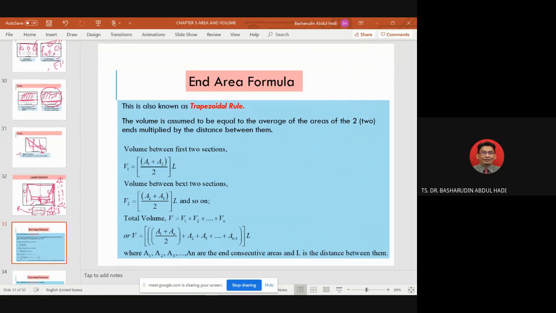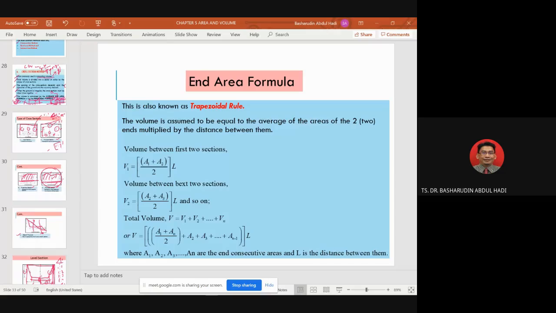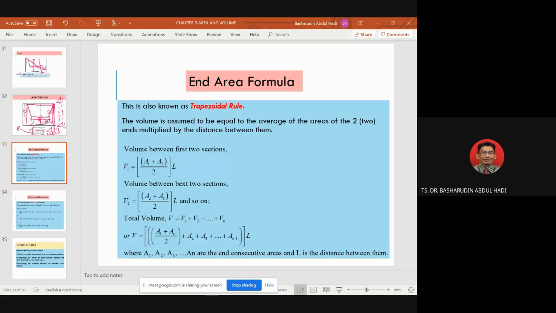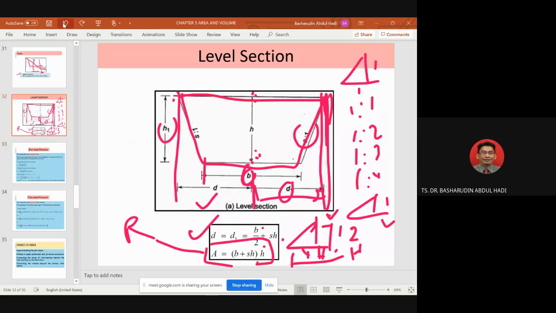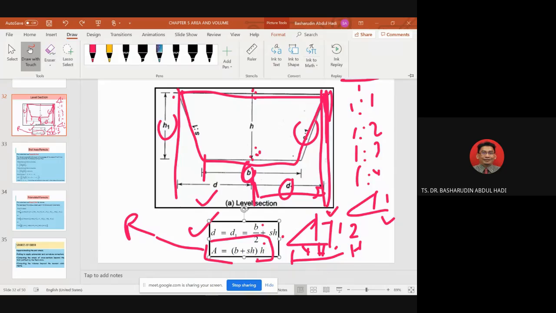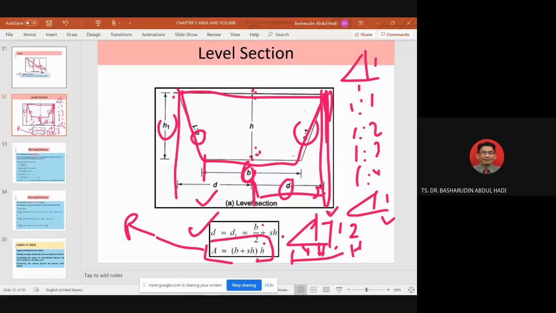So B, you already know. This one is S, so I will draw again. Your S is like this. Now our S is maybe equal to 1.